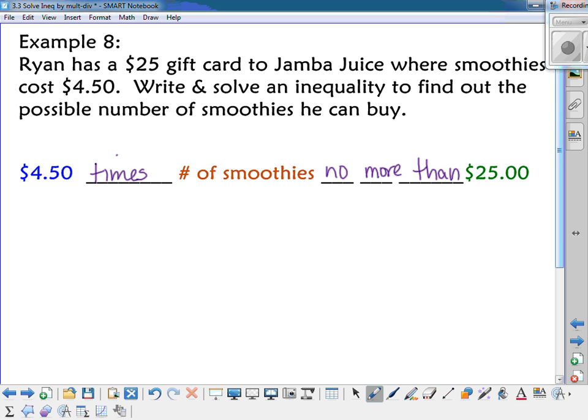So if we write that as an inequality, 4.5, I'm going to put m because I don't like using s for a variable, has to be less than or equal to 25. Okay, so because he can't spend more than 25, but he could spend exactly 25. And then you divide both sides by 4.5.